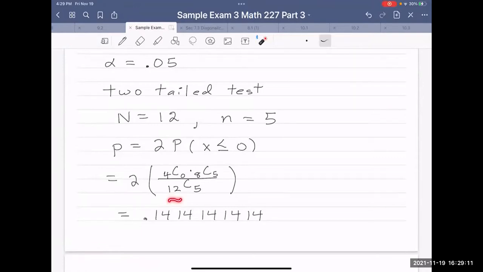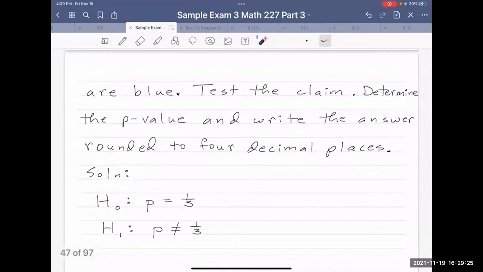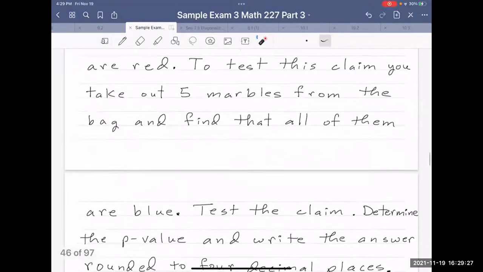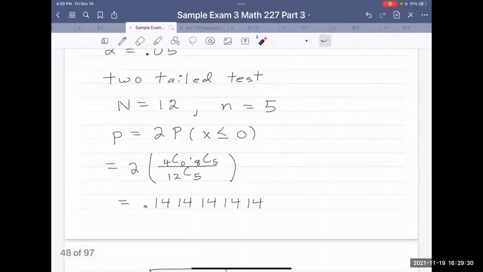There are 12 marbles, and I'm choosing 5 of them. So 12 choose 5. There are 4 red marbles, and I chose none of them, and there are 8 blue marbles, and I'm choosing 5 of them. And so you get 0.141414141414.